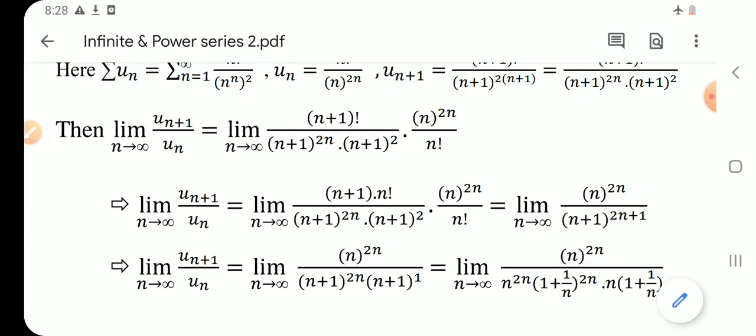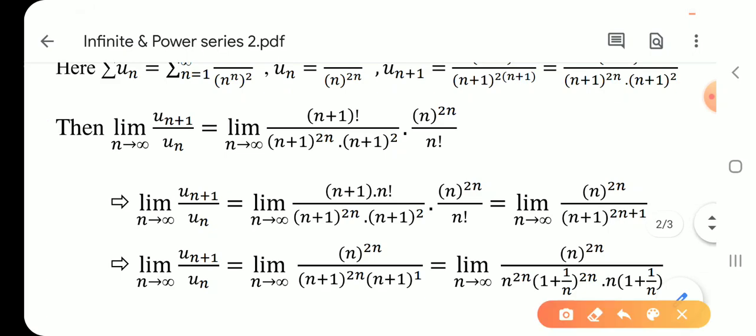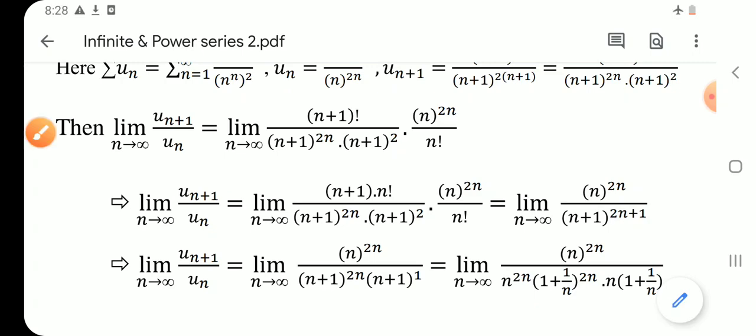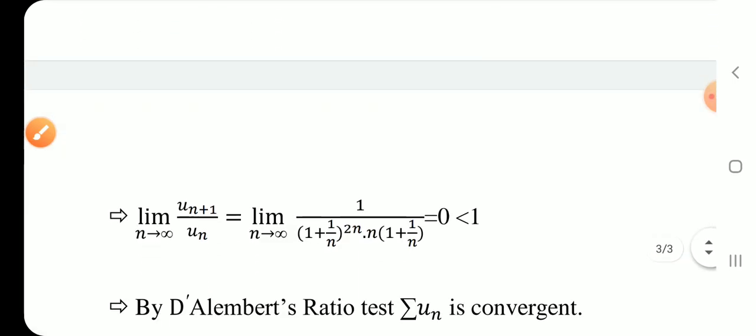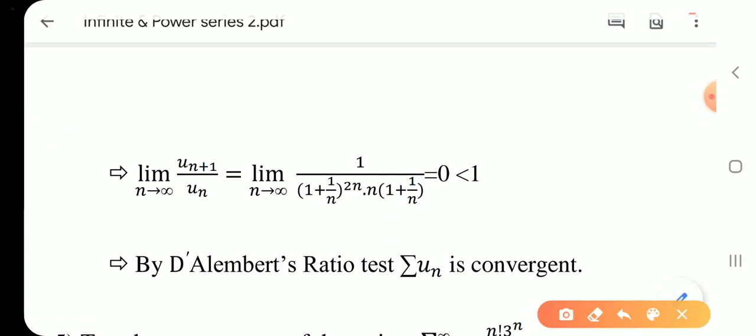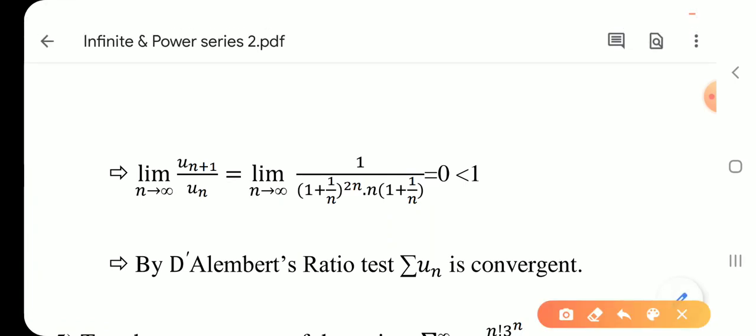So n to the power 2n; if you take n to the power 2n common, 1 by (1 plus 1 by n) to the power 2n. Here also n I have taken common, 1 plus 1 by 2n, and apply the limit n tends to infinity. You get the value like this.